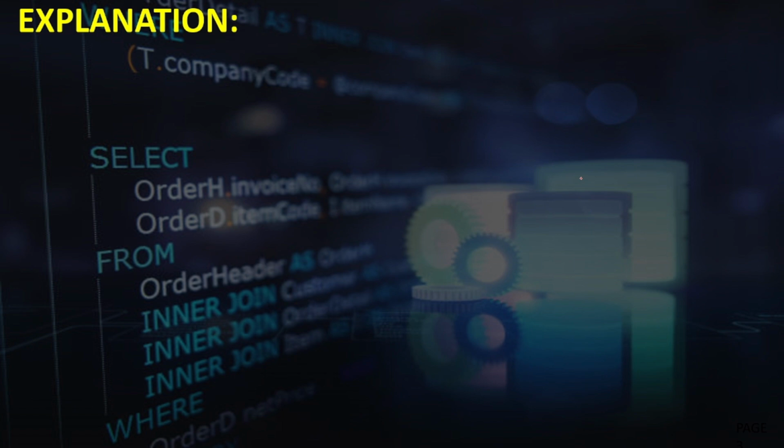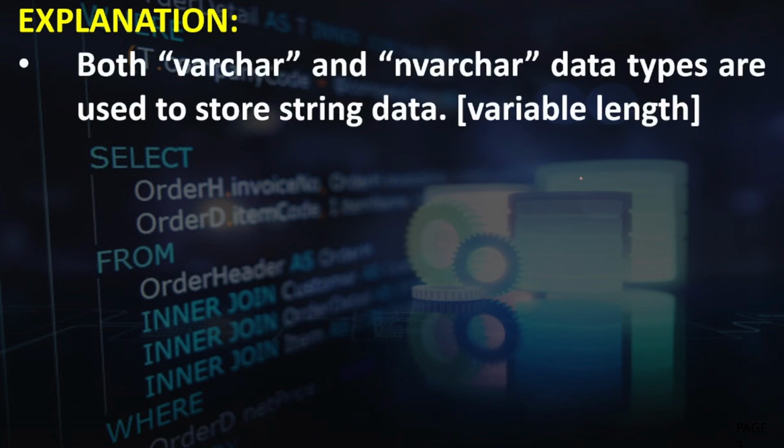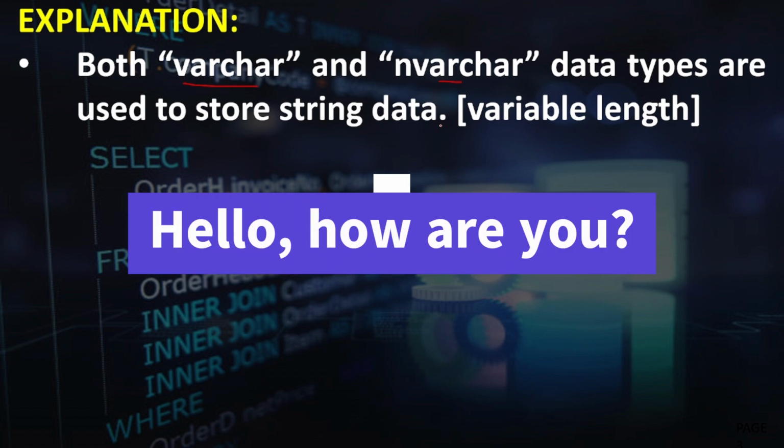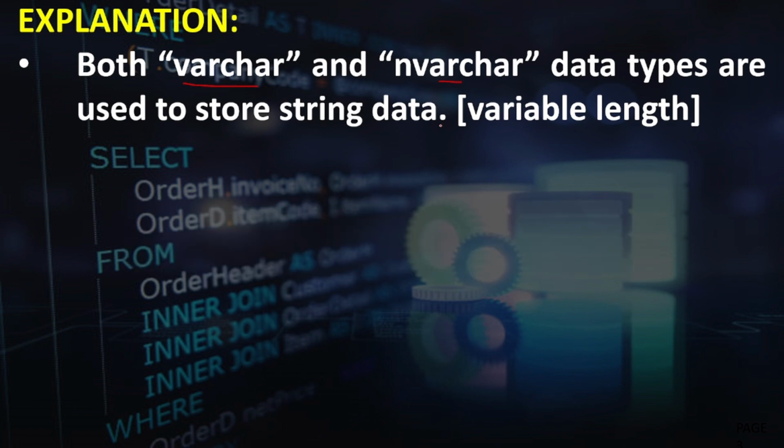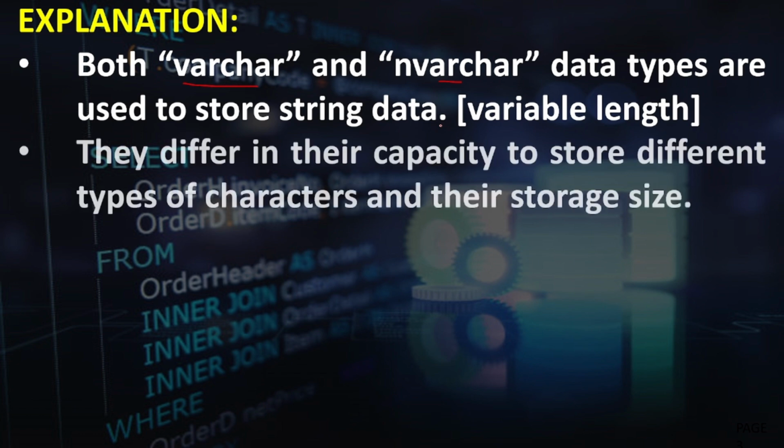Now let us try to understand what the differences are. The varchar and nvarchar data types are similar in nature, in the sense they store string data. String data is a collection of characters like hello, how are you? These are all string data. So they are used to store string data. Basically, they are similar in this nature, right?